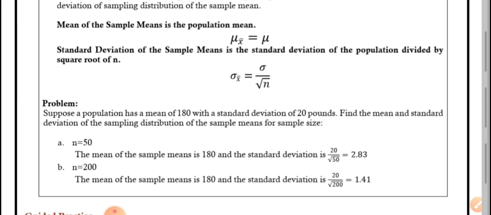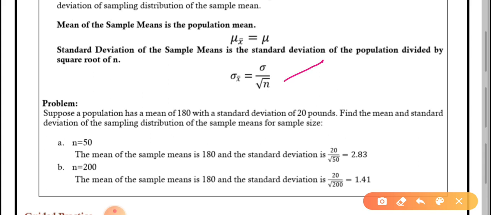Suppose a population has a mean of 180 with a standard deviation of 20 pounds. Find the mean and standard deviation of the sampling distribution of the sample means for sample size n equal to 50 and 200. Going back to the formula, we have to make use of this formula.